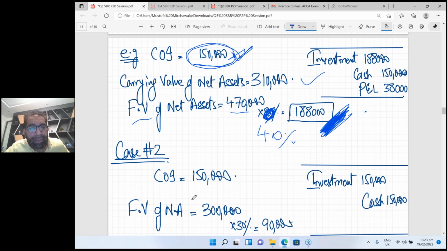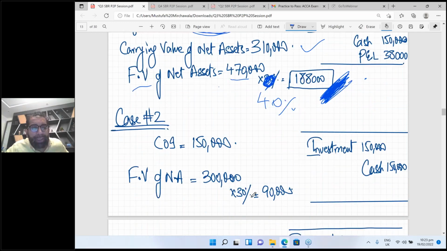Let us say in this separate example our holding is 30%. You just bought 30% shares for 150,000, and the fair value of net assets of the associate at this date is 300,000, and your share is 30%.